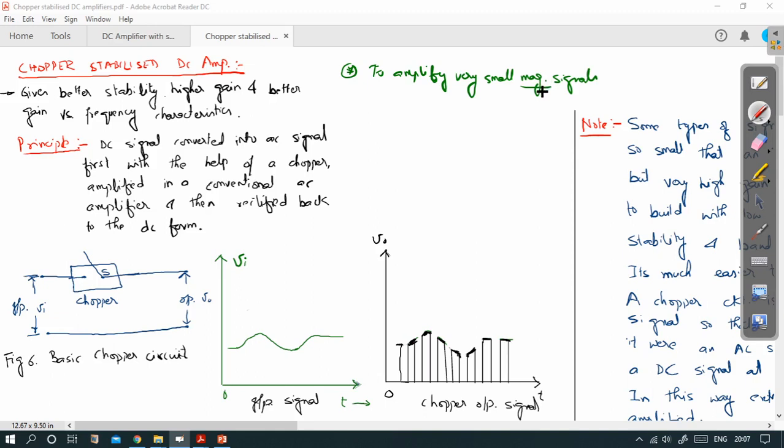It means that they are very slowly varying with time. Such a signal is said to have both DC and AC components in it.